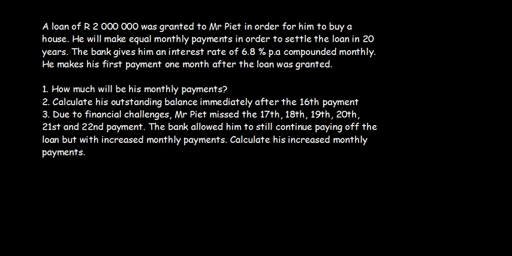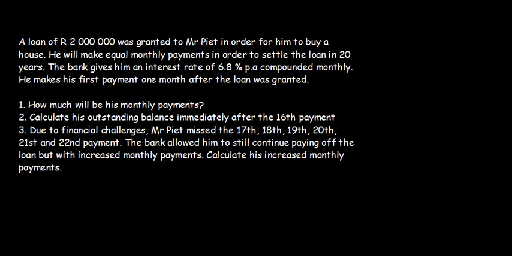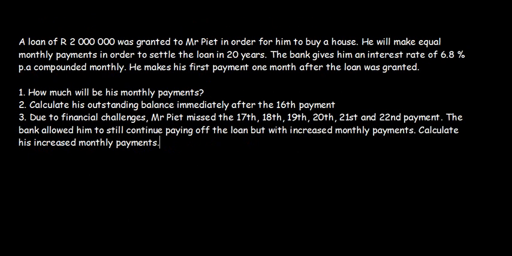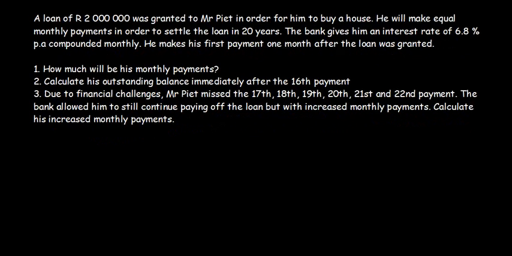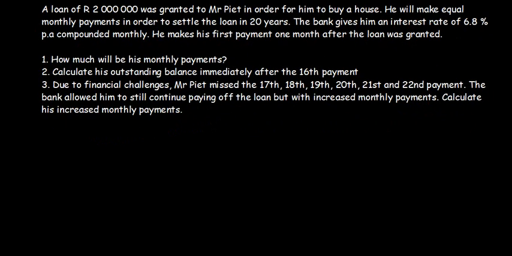Good people, this is the flow of compounding of loan questions, on present value questions. If someone had given me this type of flow when I was still in school, good people! So due to some financial challenges, Mr. Pitt missed the 17th, 18th, 19th, 20th, 21st, and 22nd payment.